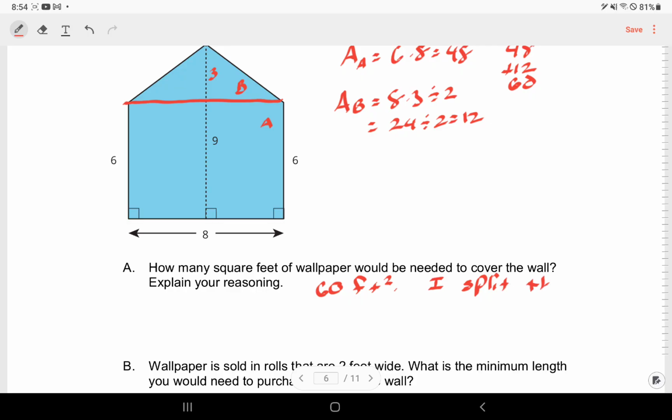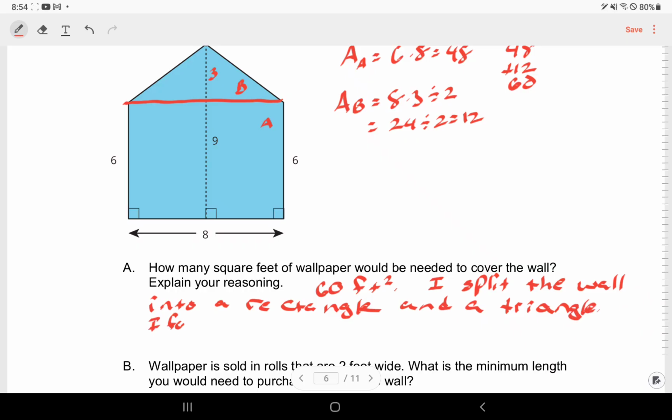I split the wall into a rectangle and a triangle. I found the area of the rectangle. 6 times 8 is 48.